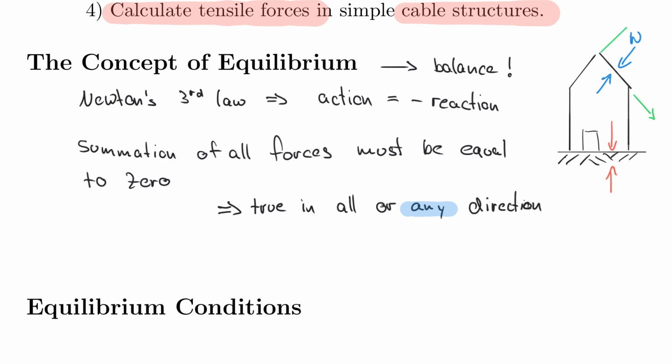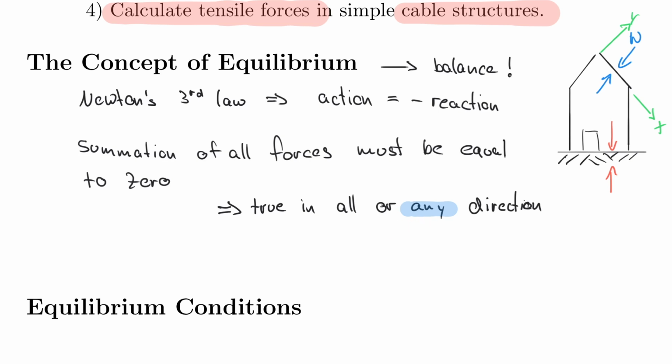So there is my y-axis, and then here is my x-axis, because that will make my wind analysis easier, for example. That is a topic we'll cover later, but you have to understand that the general sense here for the forces to be in equilibrium, or the net sum of the forces is equal to 0, that must be true in any direction, not just in x, y, or not just in one direction, it's true in all directions.